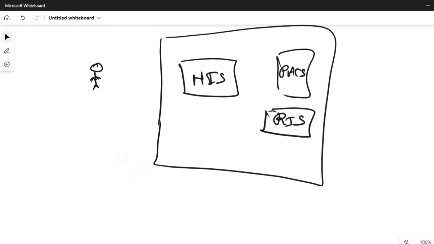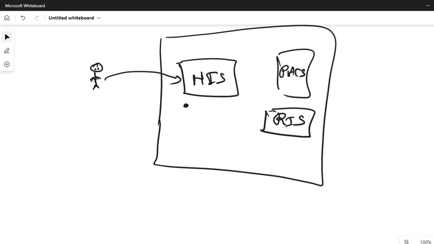So the patient comes to the hospital, and one of the first things that he may do is get registered. So the patient will get registered in the hospital, and here the medical staff will enter the patient's information within the HIS system.